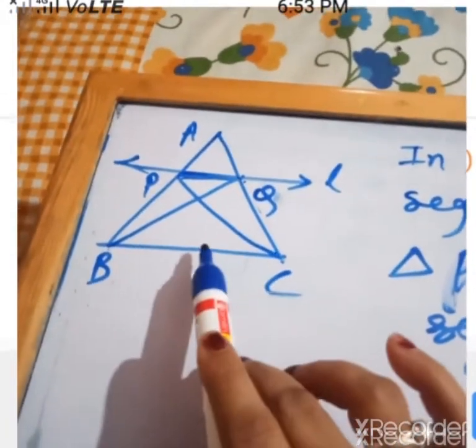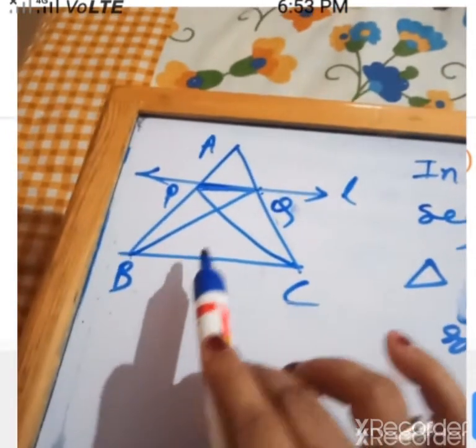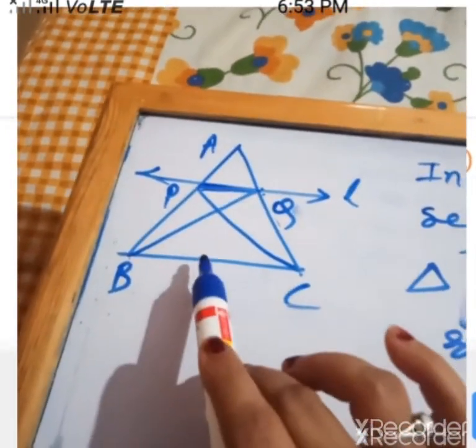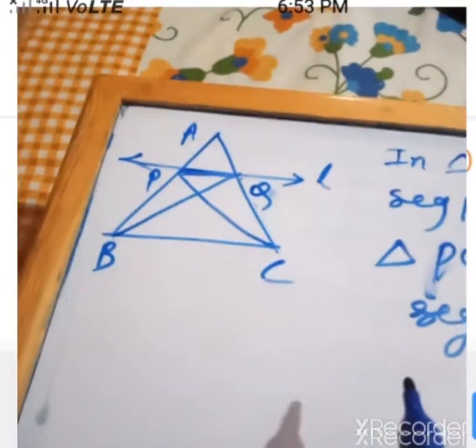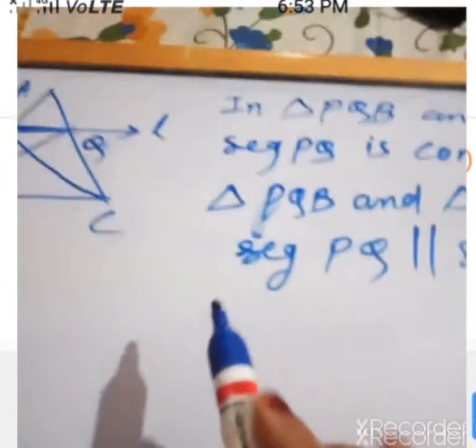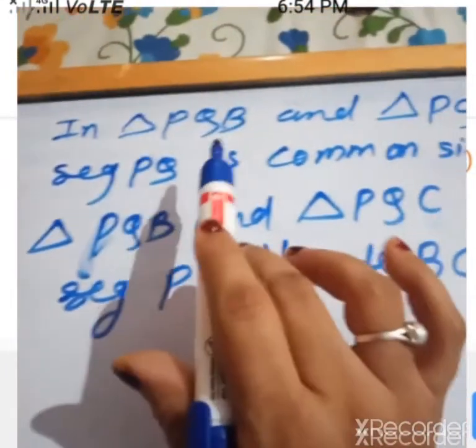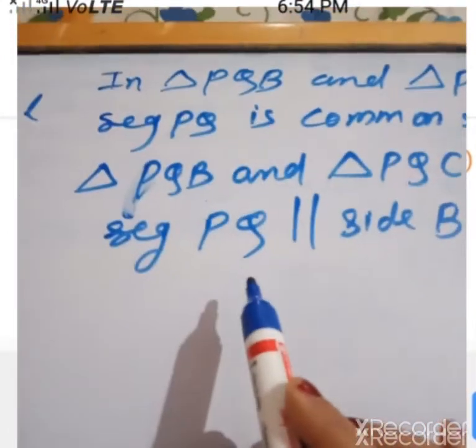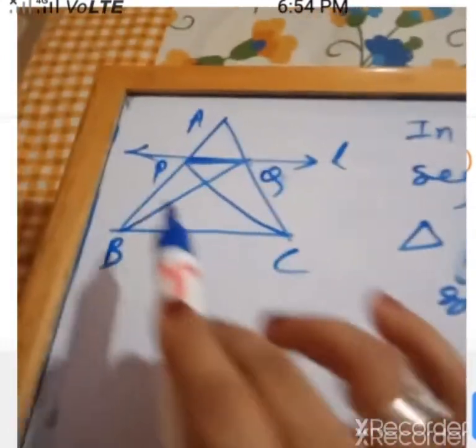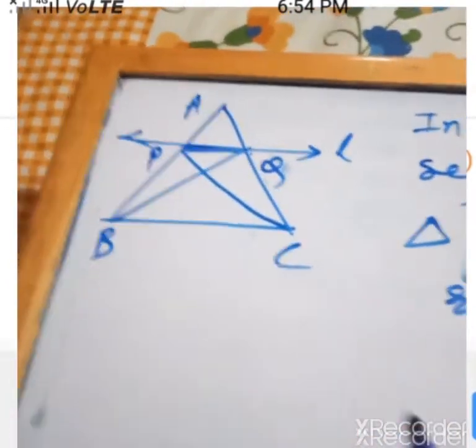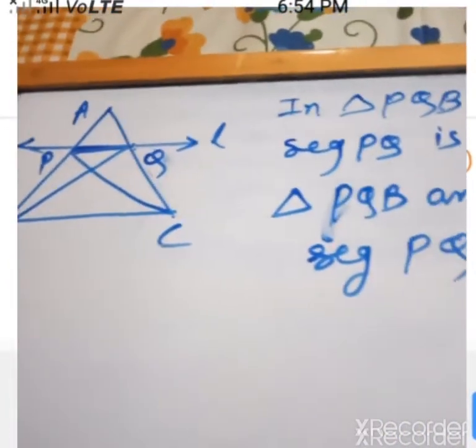Triangles between two parallel sides have the same height. Therefore, the heights of both triangles, triangle PQB and triangle PQC, are the same because they lie between two parallel lines.